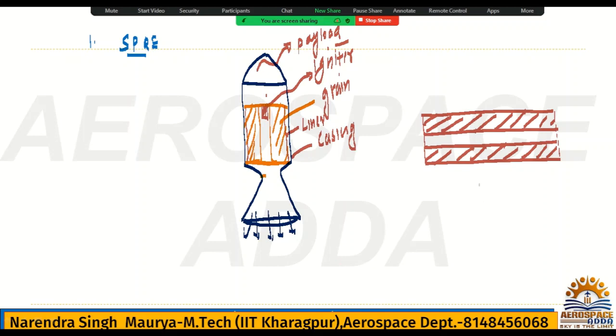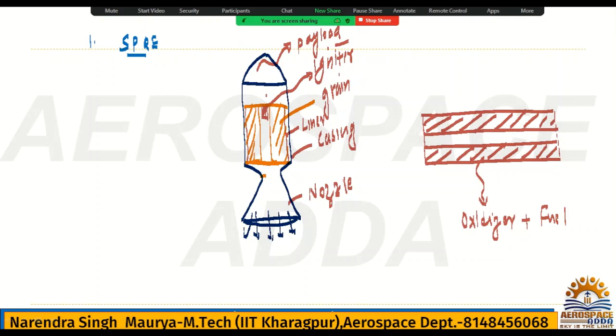This is the propellant in solid form. Both parts are available here, oxidizer plus fuel, in solid form. This is the nozzle.